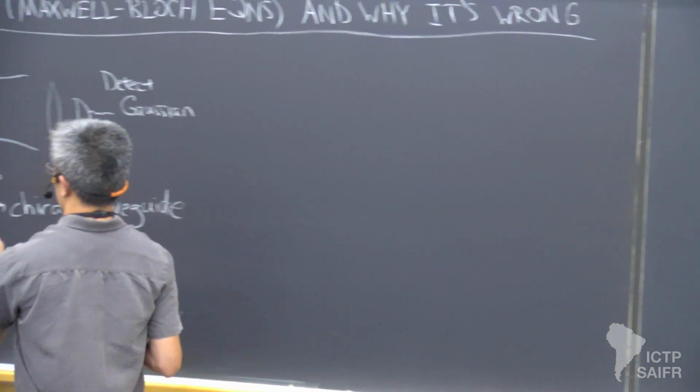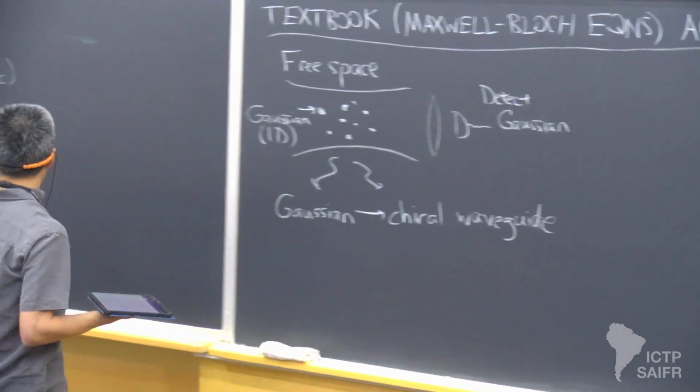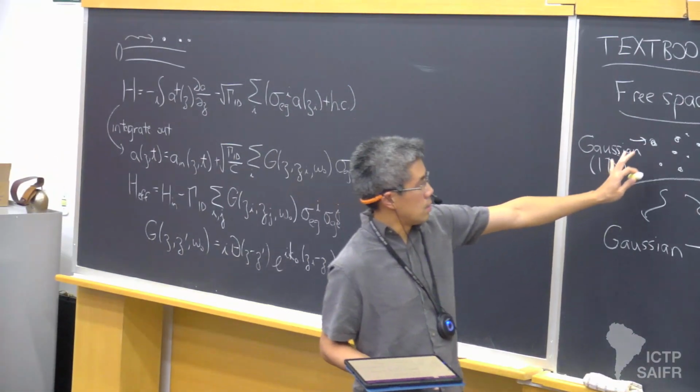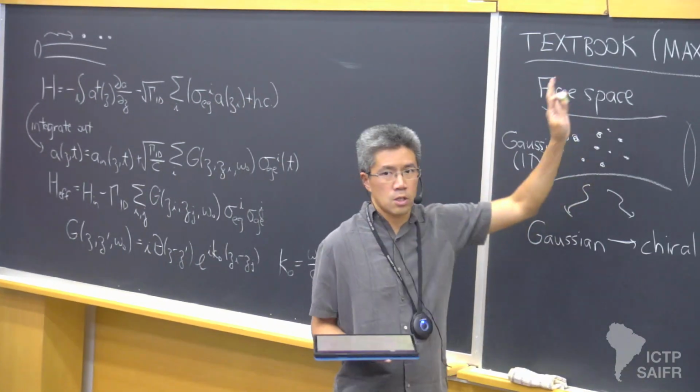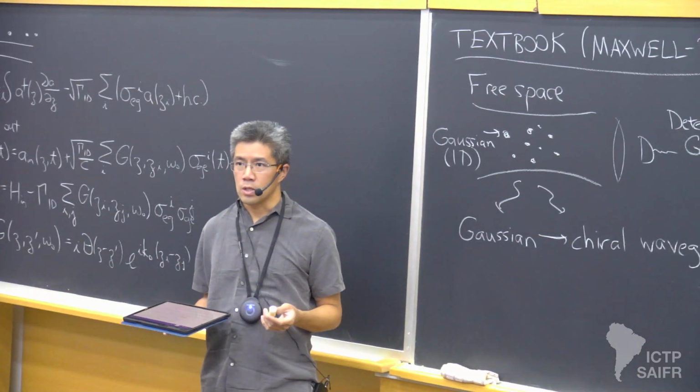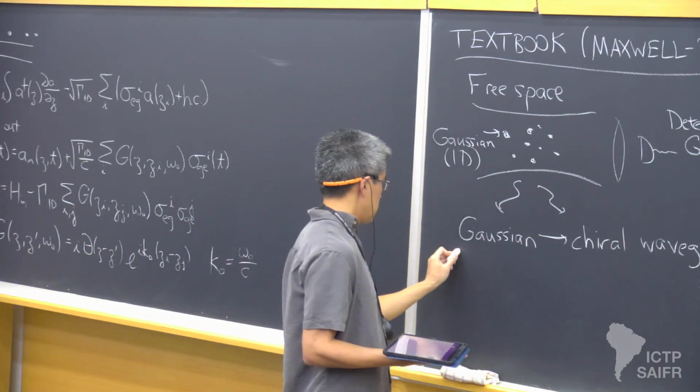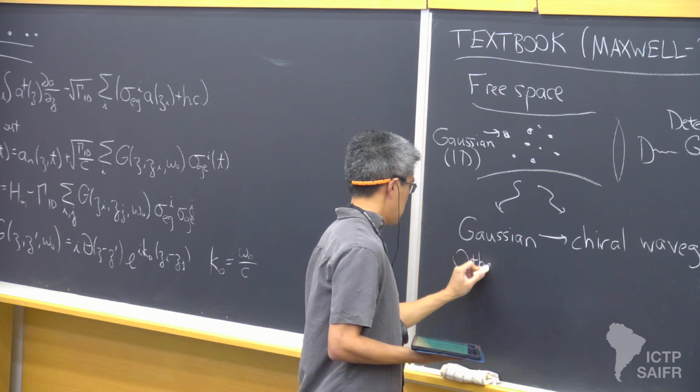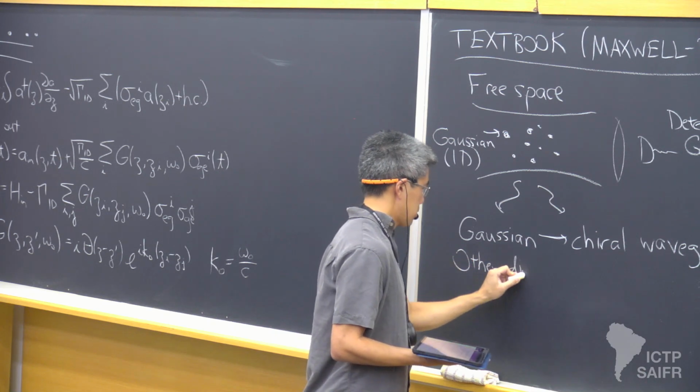And then the only other thing which we didn't discuss in the chiral waveguide so far is, in free space we have this notion that atoms can still emit into other directions. Okay. So the other directions, you have to model that somehow.